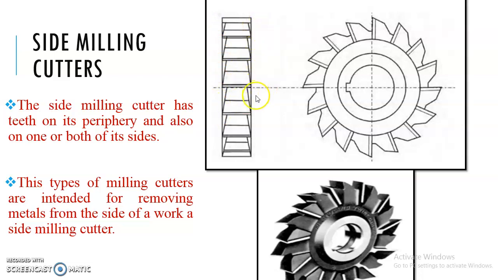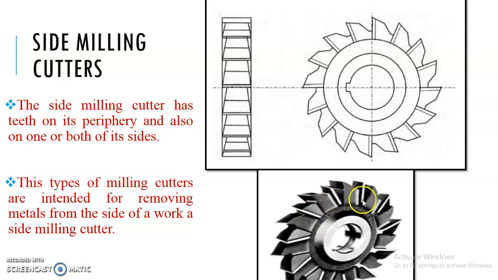the cutting edges are provided. At the same time, the cutting edges are provided on its periphery also. You can observe this 3D picture also. These are the cutting edges on the periphery of this cutter, as well as on the right side and on the left side.